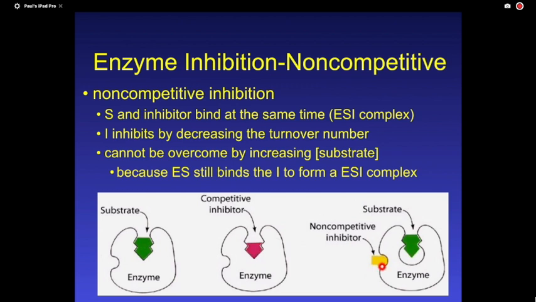What happens when that non-competitive inhibitor binds? What happens to the active site? It changes its conformation. But that conformation is essential to stabilizing the transition state. So the enzymes become slower because what essentially happens is the transition state becomes higher in energy.